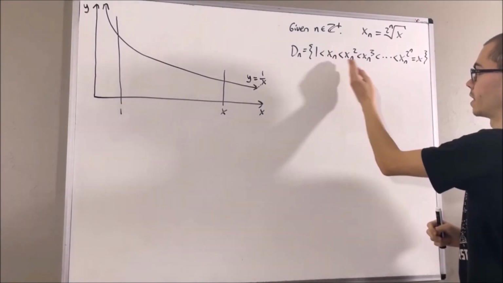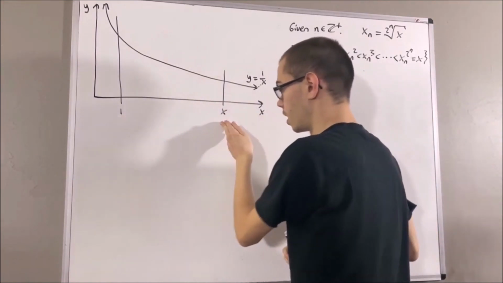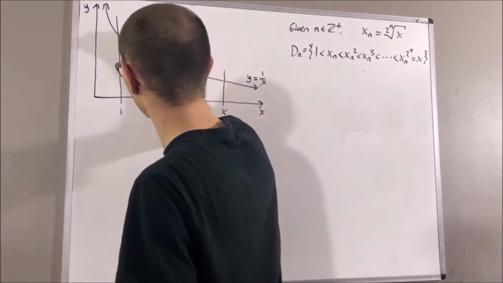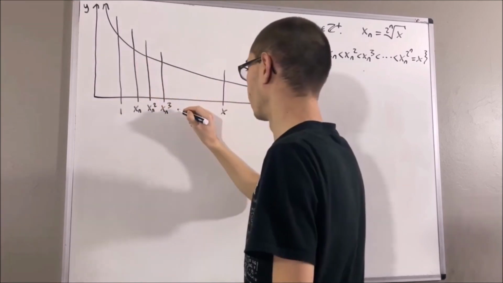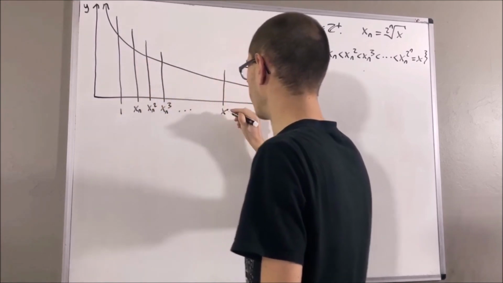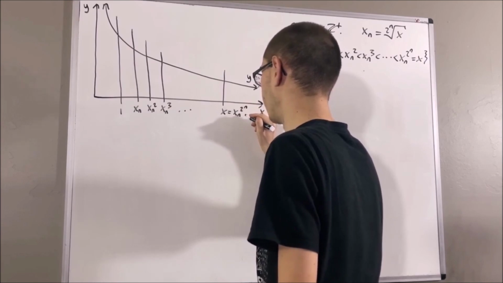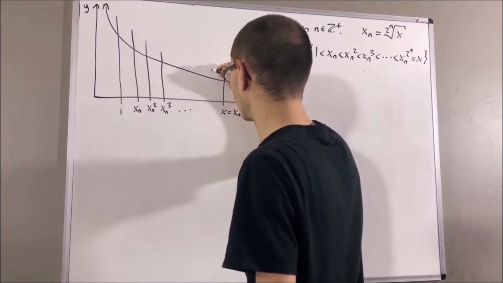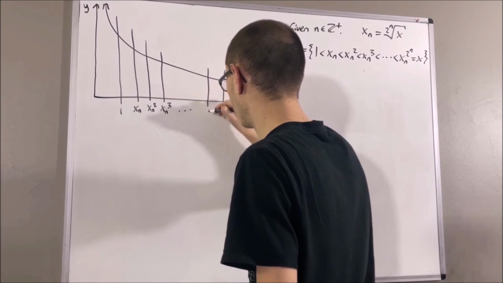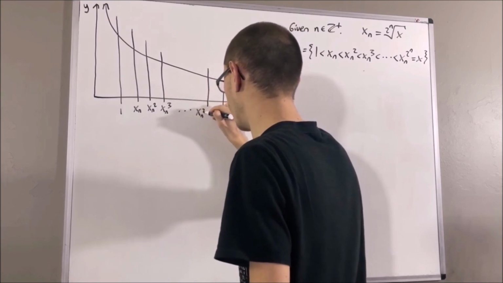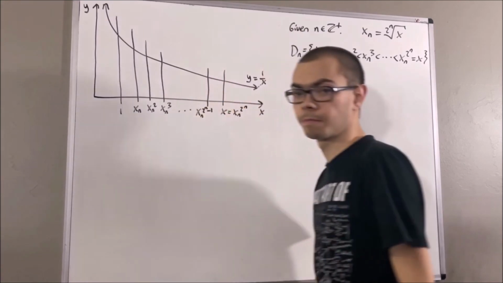So let's just plot each of these on the x-axis. We keep going, and eventually we reach x, which is x_n to the power of 2 to the n. Before that, right here, we have x_n to the power of 2 to the n minus 1.